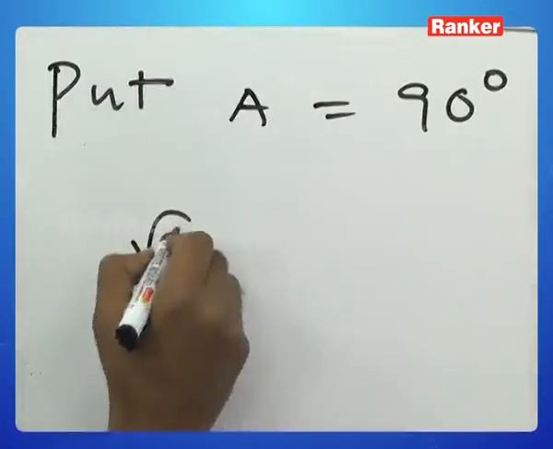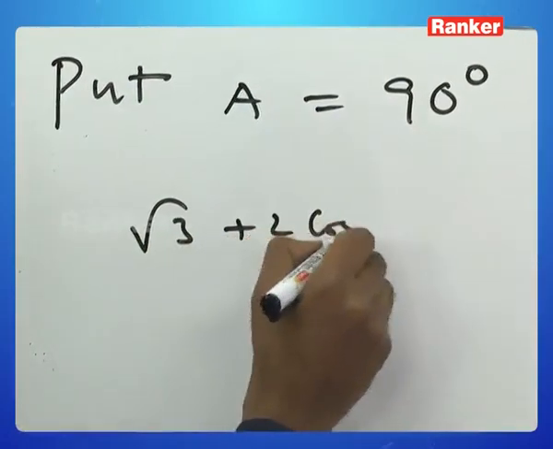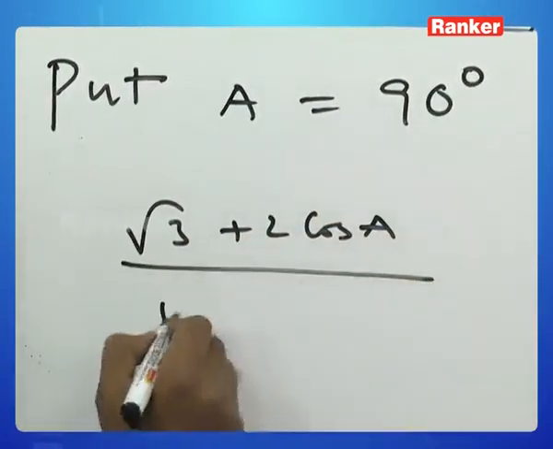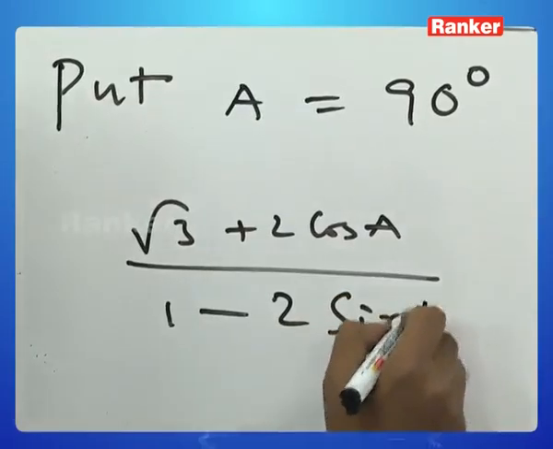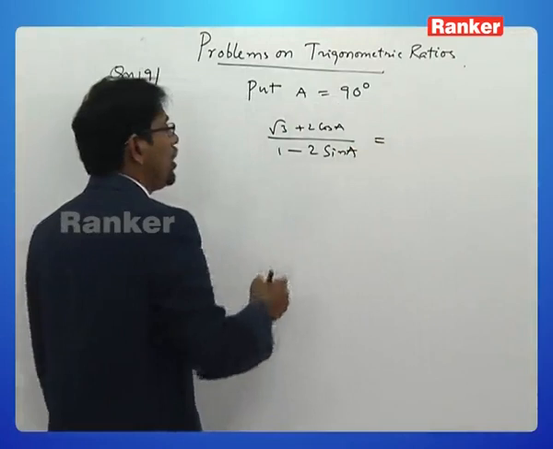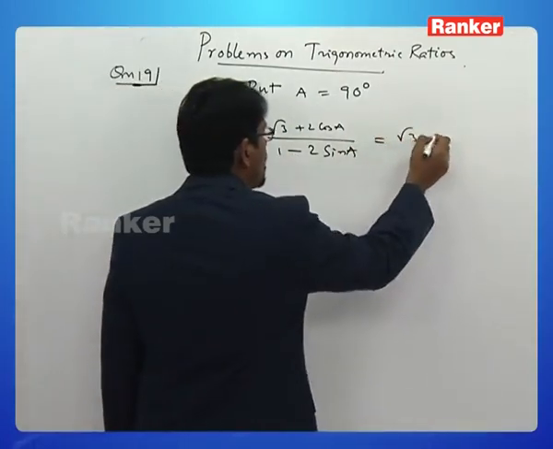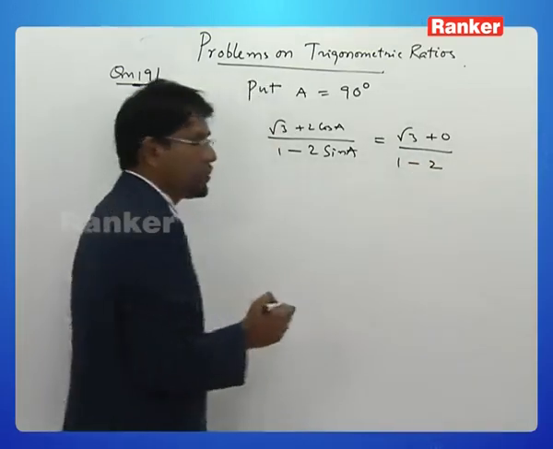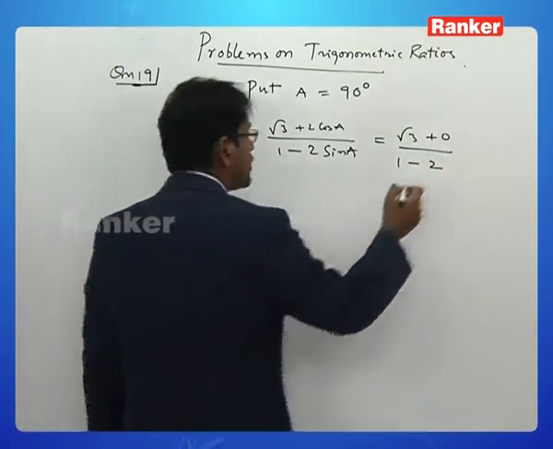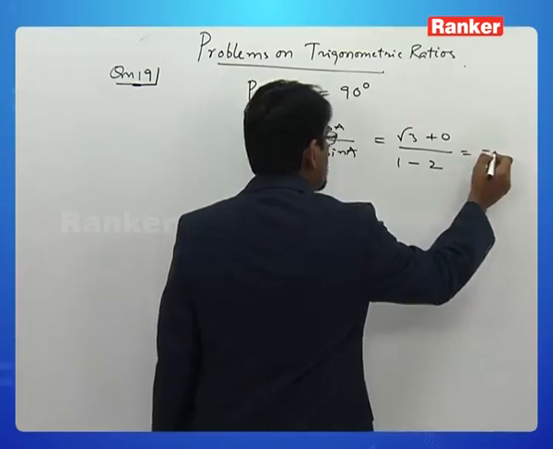Then root 3 plus 2 cos A by 1 minus 2 sin A will now become root 3 plus 0 by 1 minus 2. That makes it minus root 3.